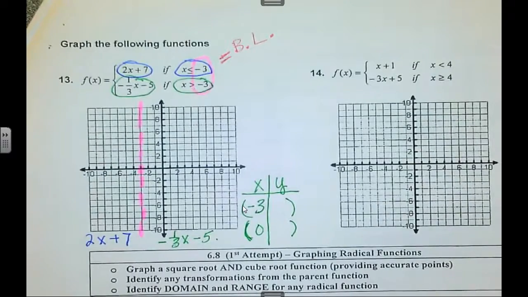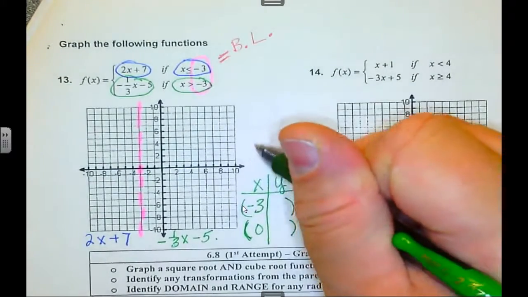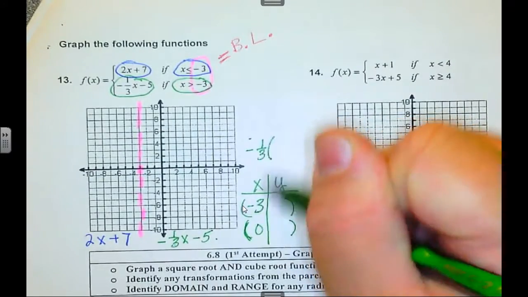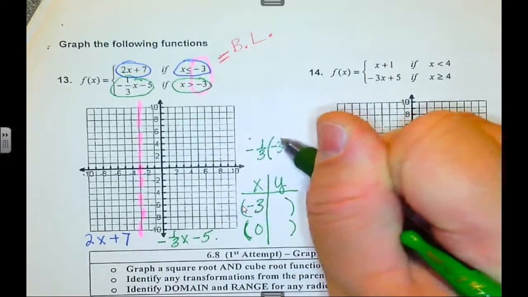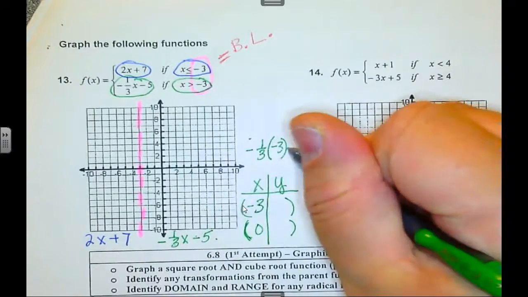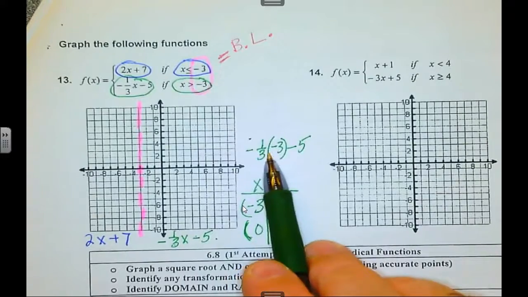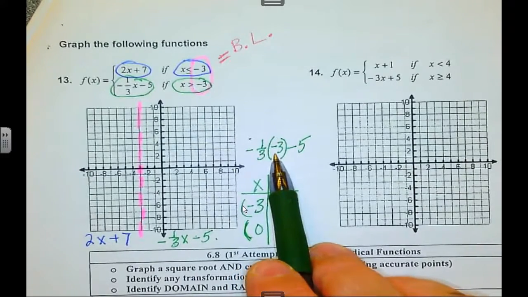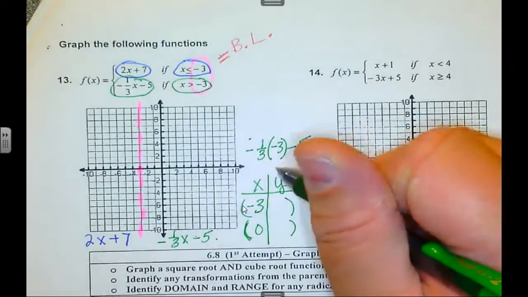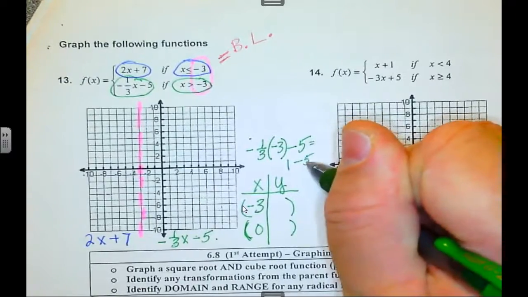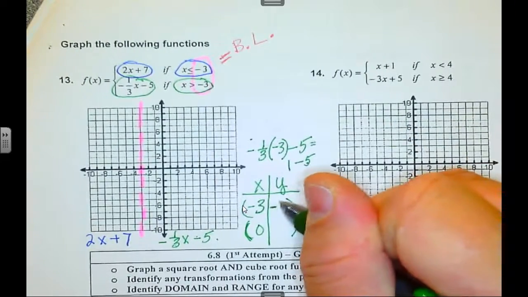Okay, let's plug in negative 1/3, and my x is negative 3, minus 5. Negative 1/3 times negative 3 is positive 3/3, which is 1. 1 minus 5, negative 4.